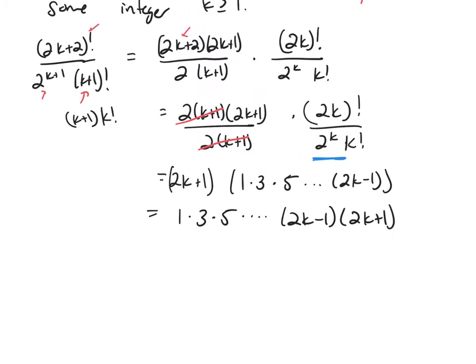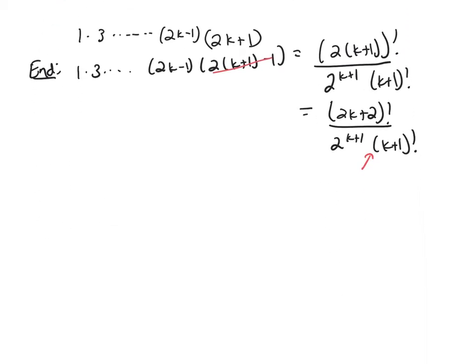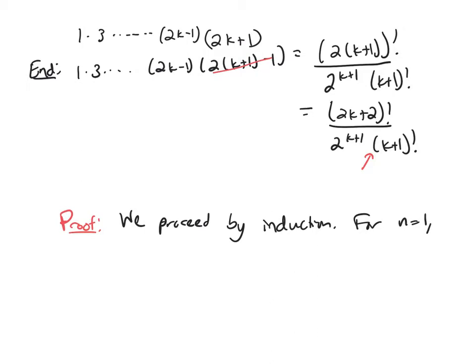So we've completed the proof now. Now all we need to do is write this up formally. So let's go ahead and do that. So I'll say proof. We proceed by induction. For n equals 1, 1 is equal to 2 factorial over 2 times 1 factorial.